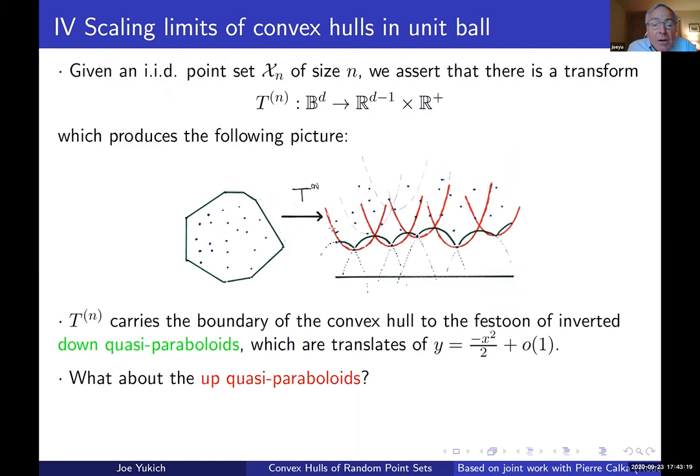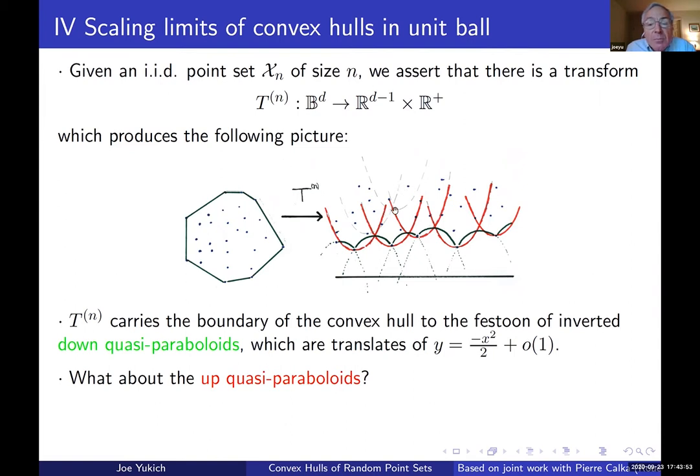So every parabola is colored red if the parabola and its interior is not covered by the union of the remaining parabolas. Once again, the rule is that you look at points here in the upper half plane, and every point is the apex of a parabola, and you color the parabola red if the parabola and its epigraph, that's to say its interior, is not covered by the union of the interiors of the remaining parabolas.